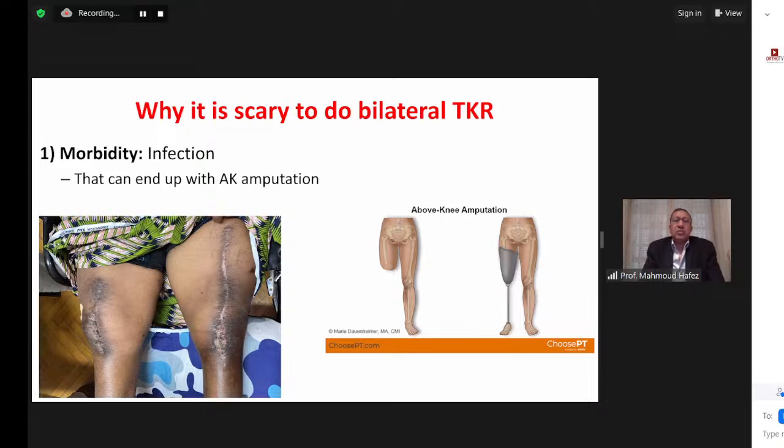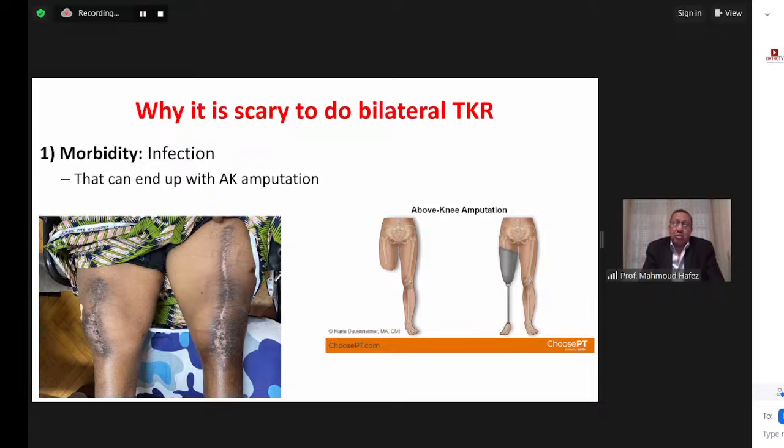So let us talk first about morbidity or infection. If you have infection in a bilateral, whether done simultaneously or one by one, or even in a unilateral, the problem is that amputation could be the last resort for persistent, untreatable infection.